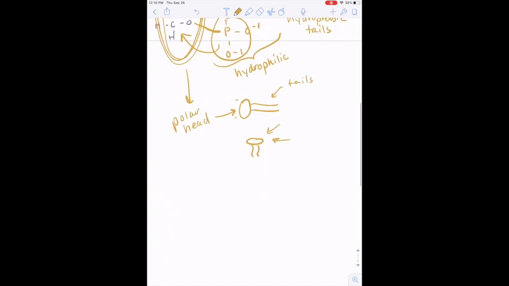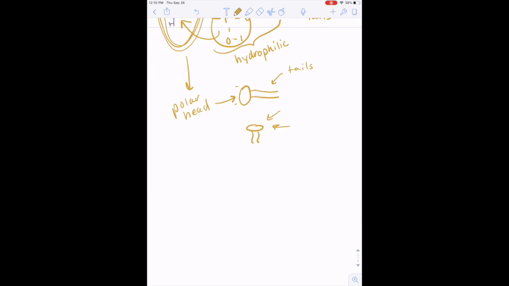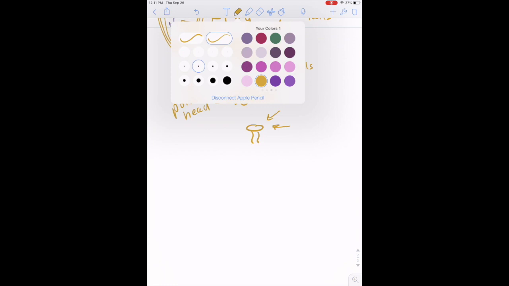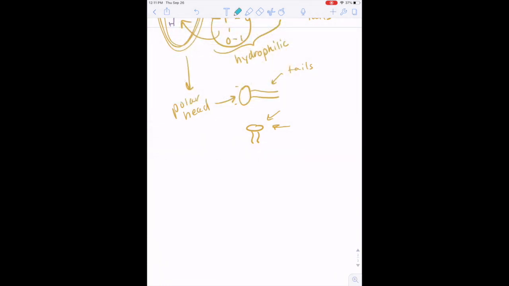Now, to talk about how it does that, I want us to think about salad dressing. Let's think of a bottle of salad dressing. Let's say that you've got this jar, or bottle of salad dressing, whatever. I'm gonna leave the top open like this.